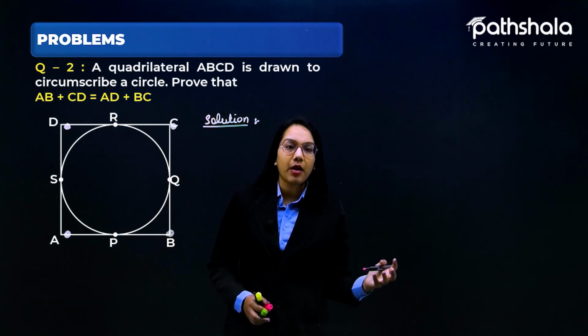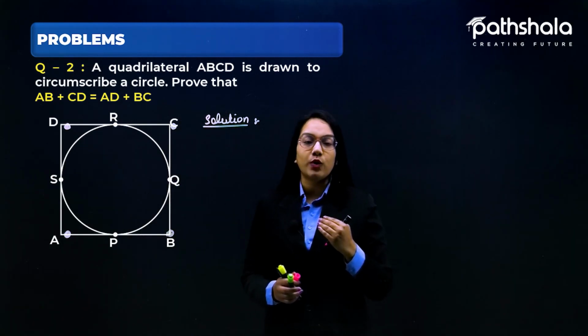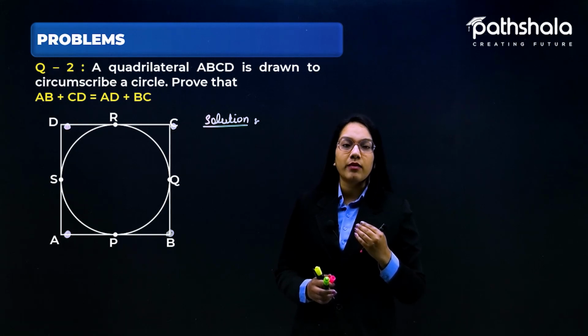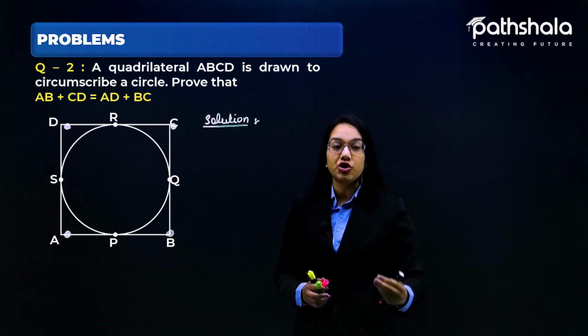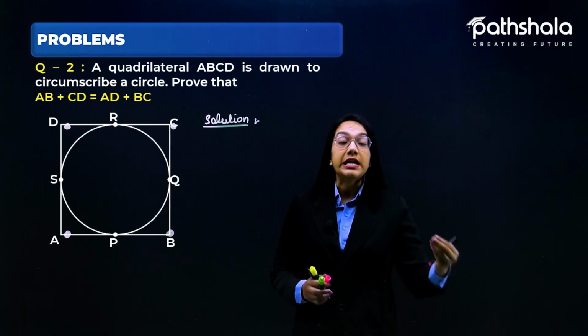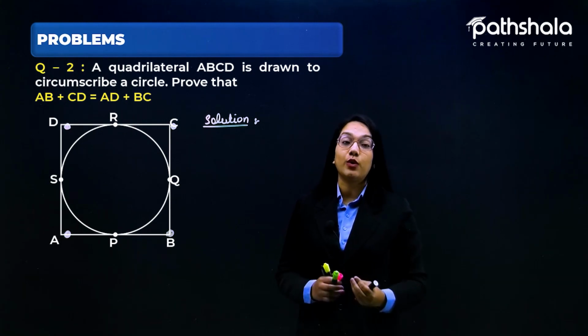So what can we say about all these tangents? We know from the theorem that whenever we draw tangents from an external point to the circle, their lengths are always equal to each other.